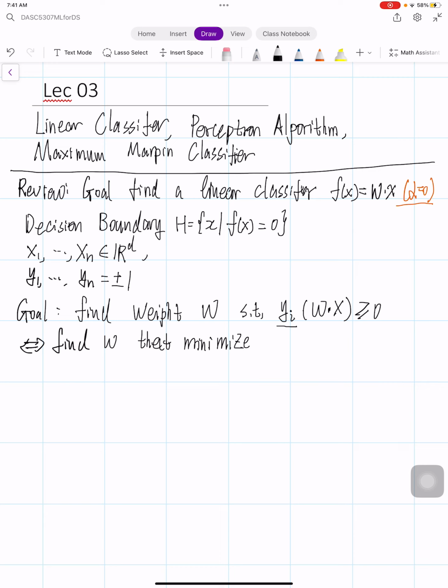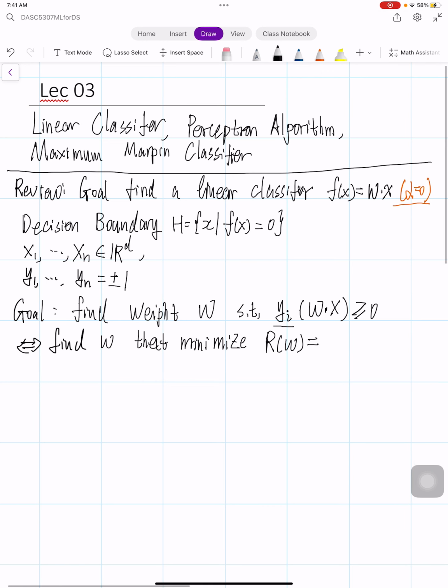Minimize this loss function. Recall that if our weight can correctly classify the samples, we don't give loss. Otherwise, for those misclassified cases, we give a penalty.